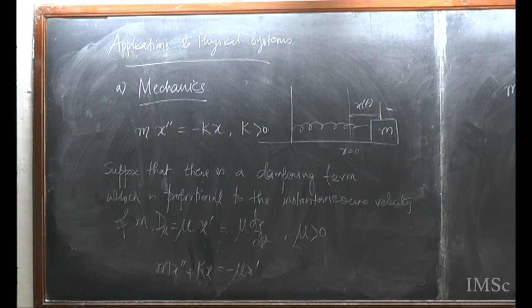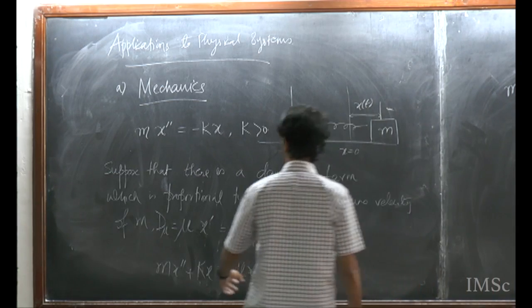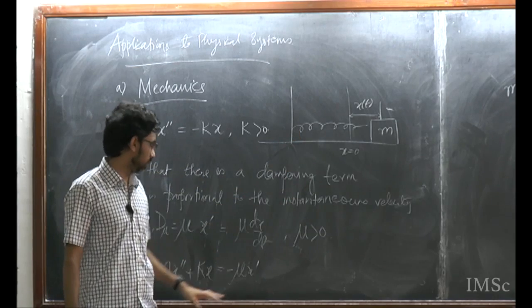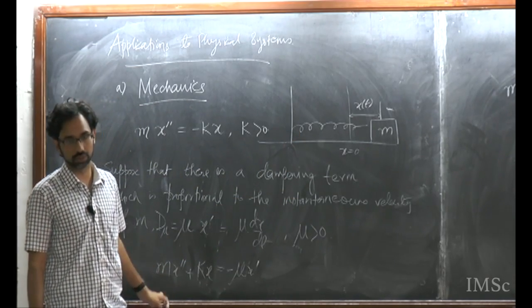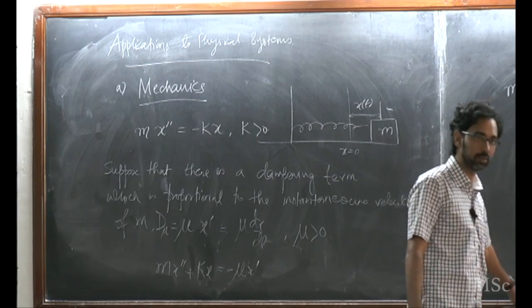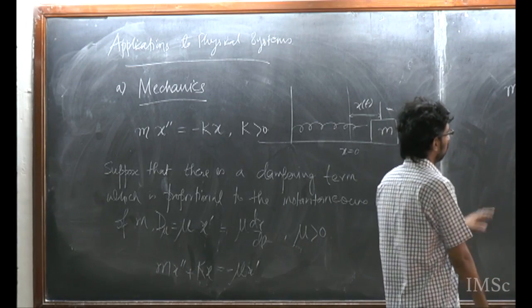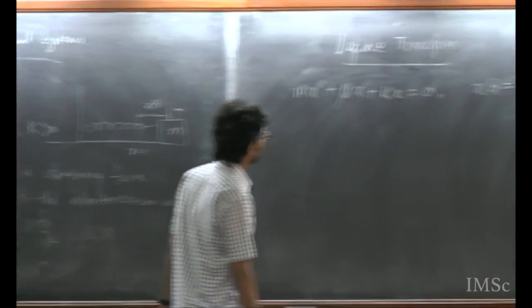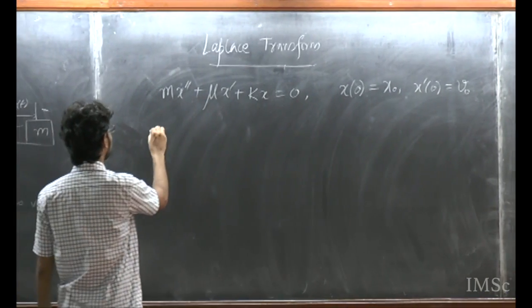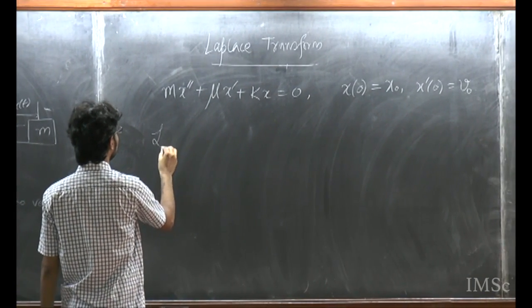So this is an ordinary differential equation with given initial values with constant coefficients. So then the Laplace transform technique is applicable. So just take the Laplace transform on both sides. What will you get?